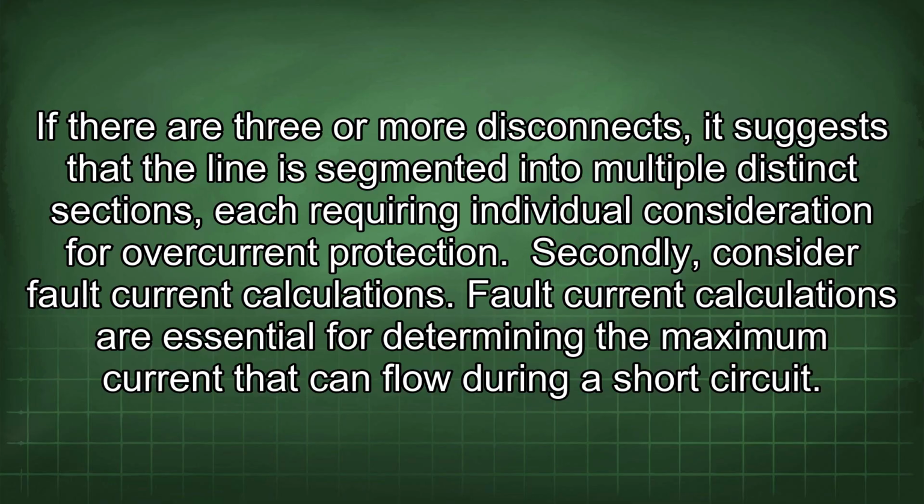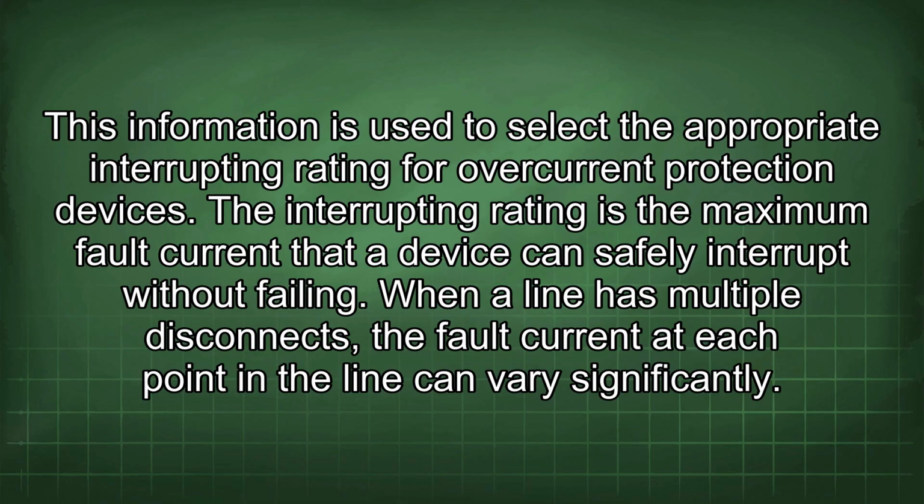Secondly, consider fault current calculations. Fault current calculations are essential for determining the maximum current that can flow during a short circuit. This information is used to select the appropriate interrupting rating for overcurrent protection devices. The interrupting rating is the maximum fault current that a device can safely interrupt without failing. When a line has multiple disconnects, the fault current at each point in the line can vary significantly.